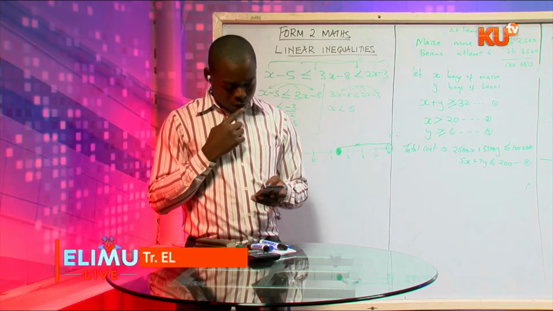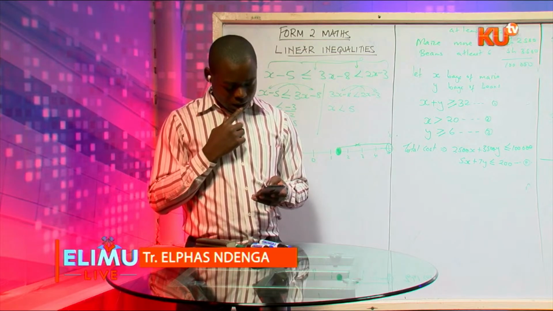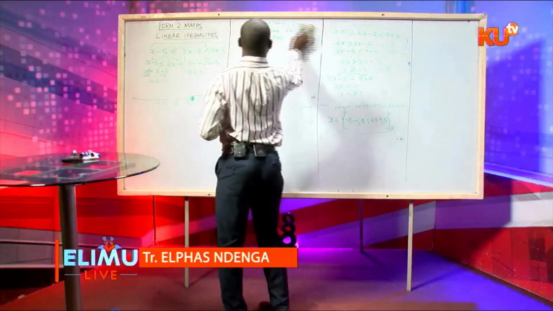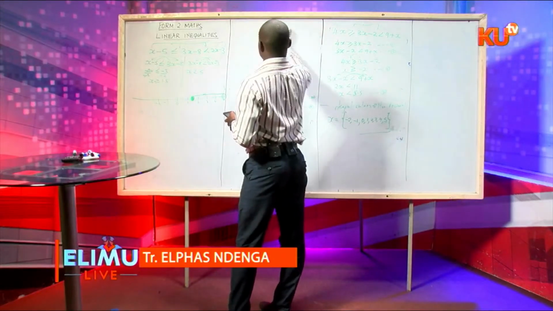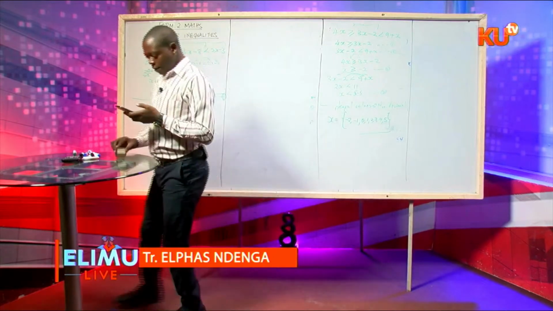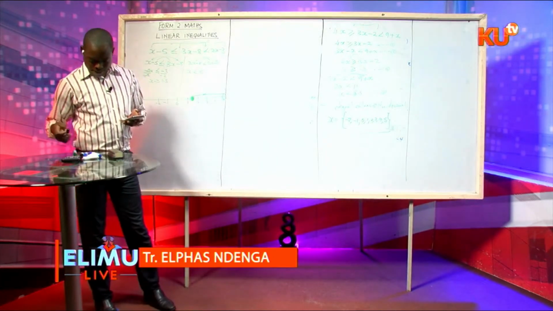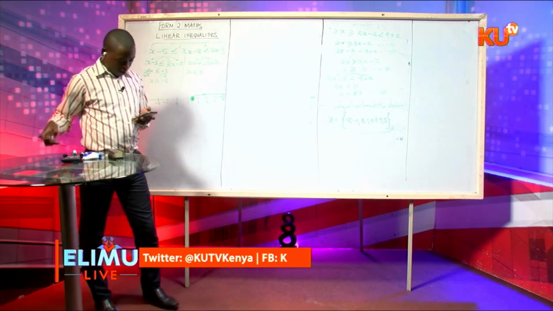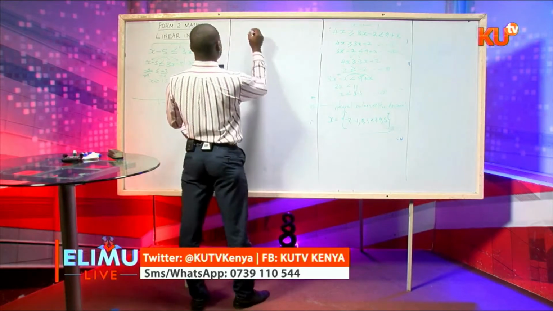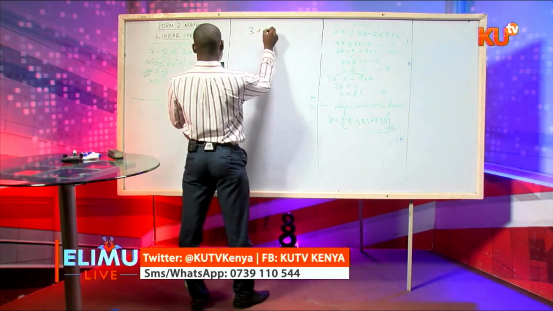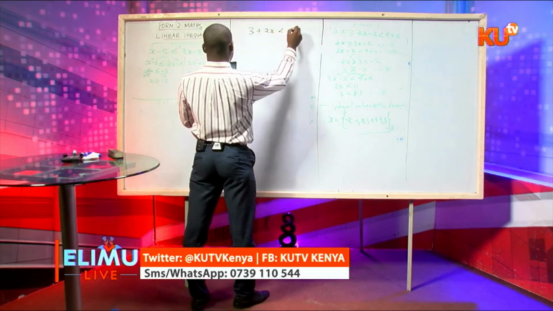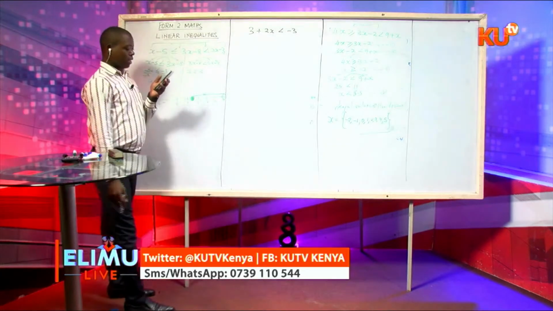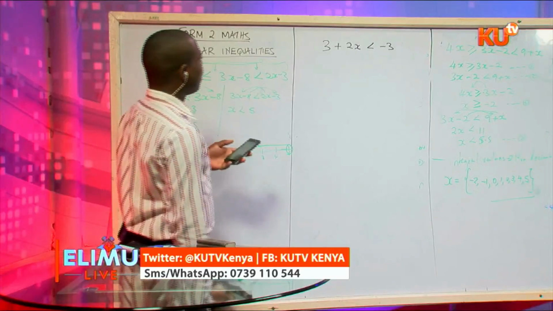That is a Form 2 student asking for the solution of 3 + 2x ≤ −3. That is the question that we had done before.